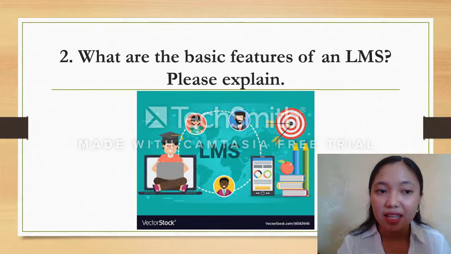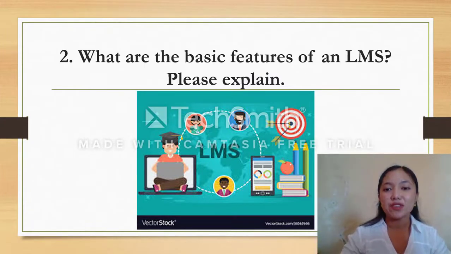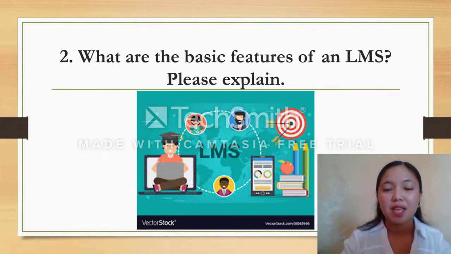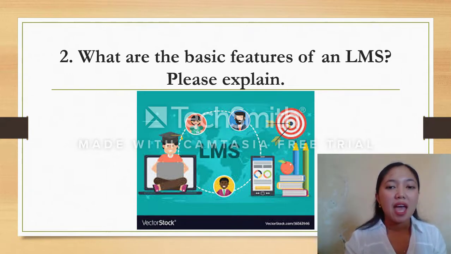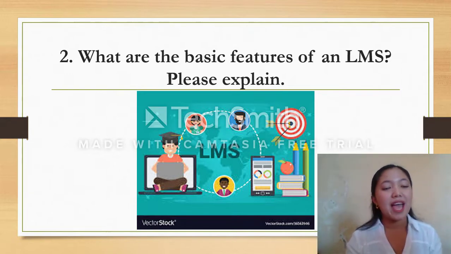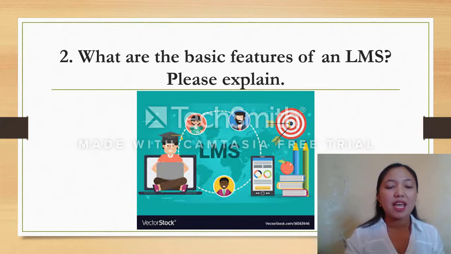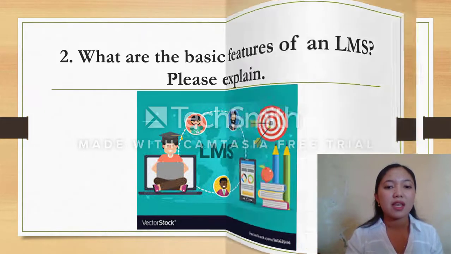And secondly, what are the basic features of an LMS? Please explain. As we know, LMS is Learning Management System. It is used to create and manage an online course.